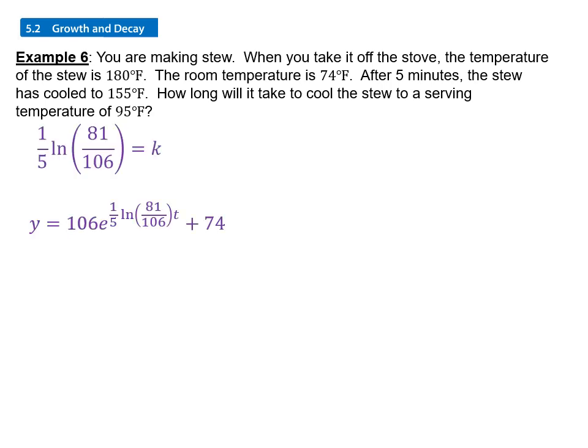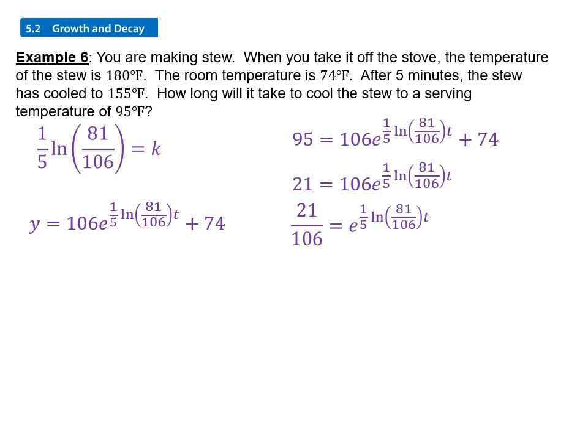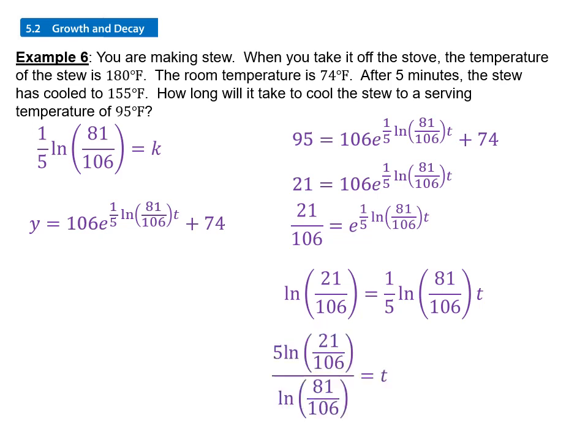So we've got our k. Plug it in. Notice I just keep writing it versus simplifying, but writing a decimal rounded. And we want to plug in when it equals 95. So subtract off the 74, divide by 106, take the natural log of each side, and then we're going to multiply by 5 and divide by natural log of 81 over 106. That gets us about 30 minutes.